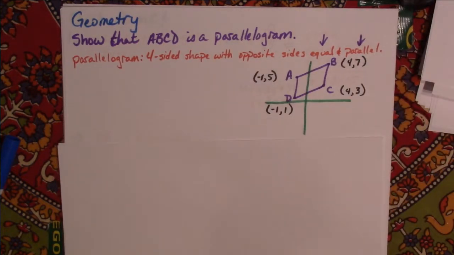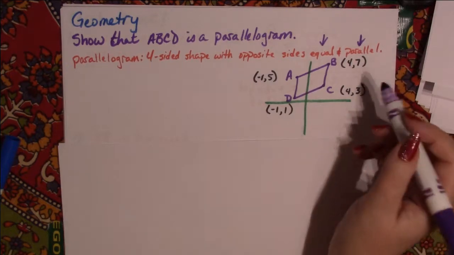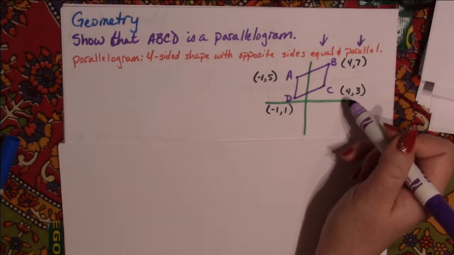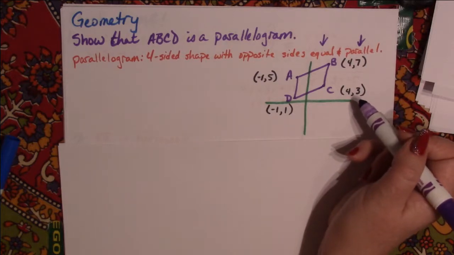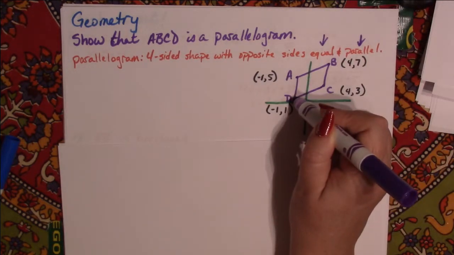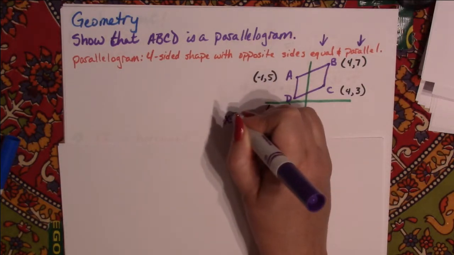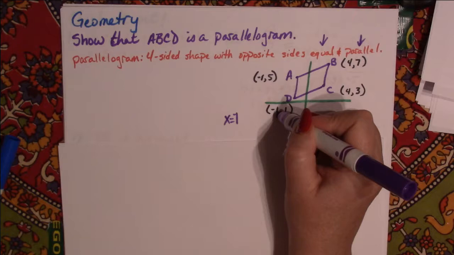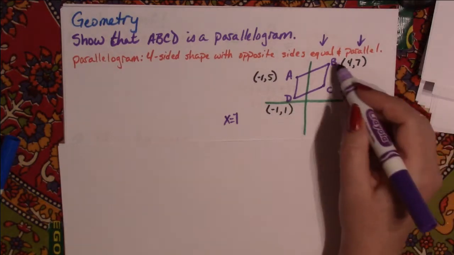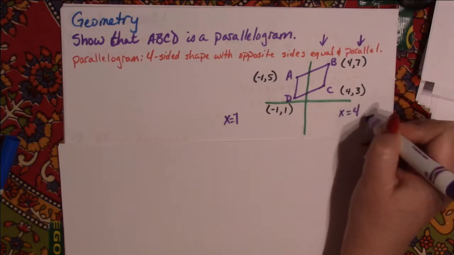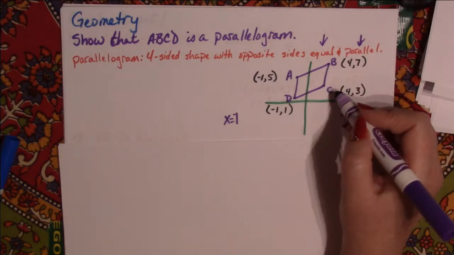They give you a drawing that they do much better than I do, but I like to have it here because it gives us the points right away. Now, I know that A and D are both on the x equals -1 line, so this is a vertical line. And I know B and C are both on the x equals 4 line, so this is a completely vertical line.